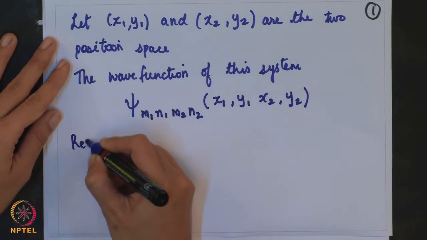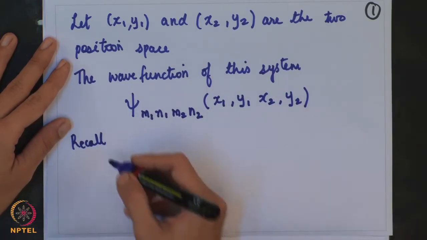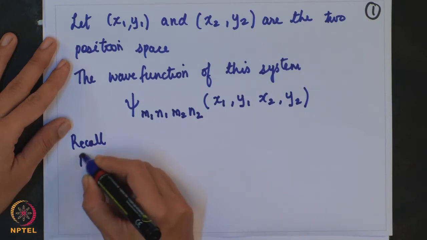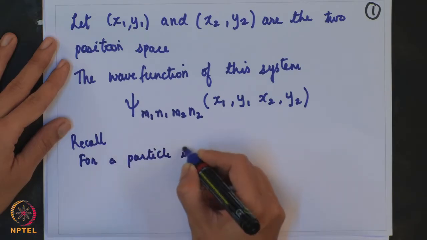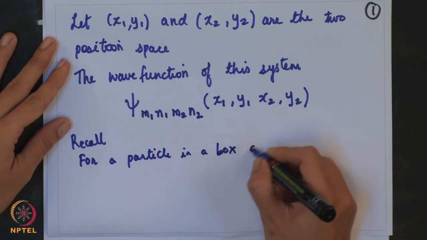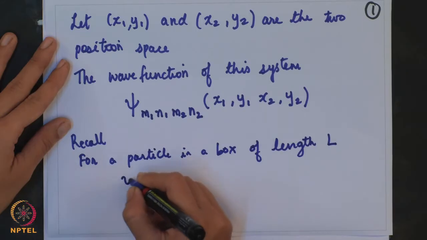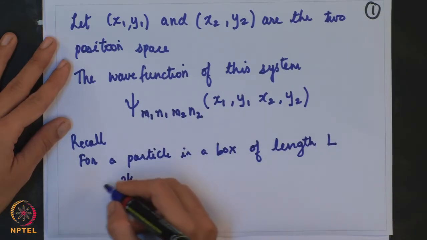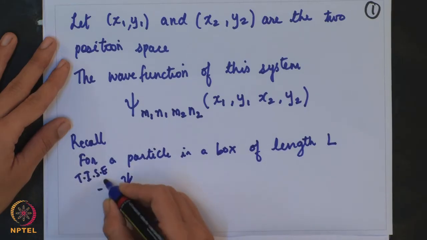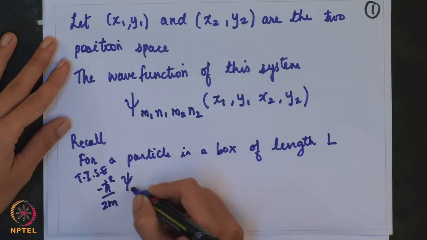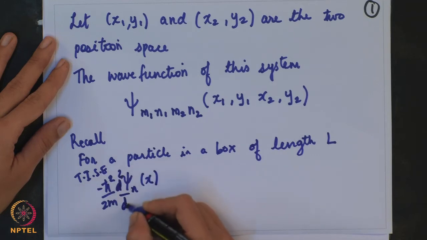Just recall, before we go to finding the wave function and energy, for a particle in a box of length L, the time independent Schrodinger equation was given by minus h cross square upon 2m d square psi n x by dx square.